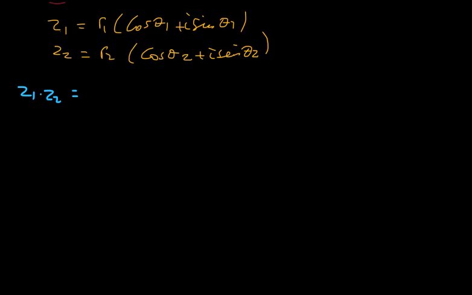z1 times z2. In this case, we are going to multiply this. Since r1 and r2 are the distances from the origin to those complex numbers, we just directly multiply the magnitudes, or the moduli. So that leads to r1 times r2. Now let's distribute here: cosine of theta 1 plus i sine theta 1 times cosine of theta 2 plus i sine theta 2.